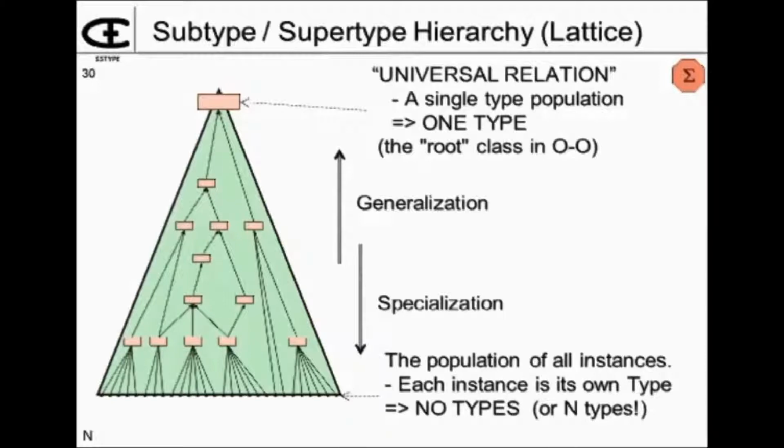Moving up is the process of generalization, moving down is the process of specialization. In the OO world, everything has to be an object, and there is the root class. In a pure OO system, there's the root class, which is the population of all objects.